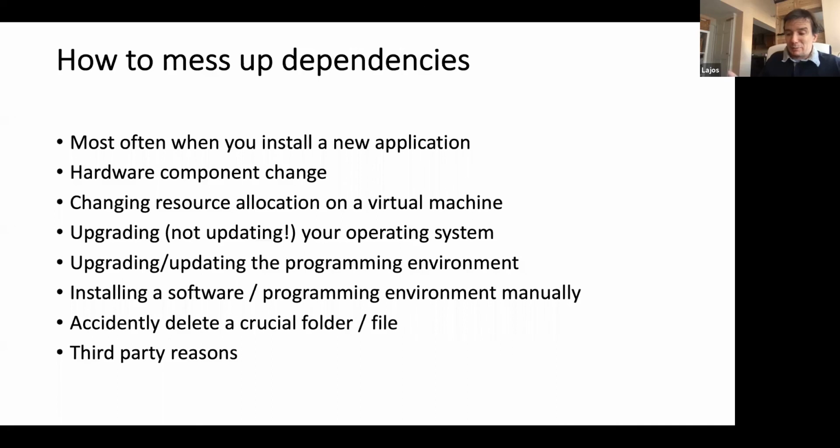You just replace it, but probably it will be too new for the old application. It will be too new for the old programming environment. So while your new program will work and will use the potential of the new card, your old program will not even start running on the new card.